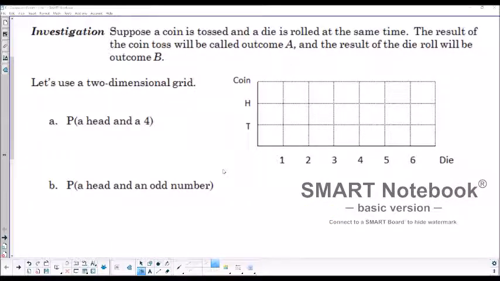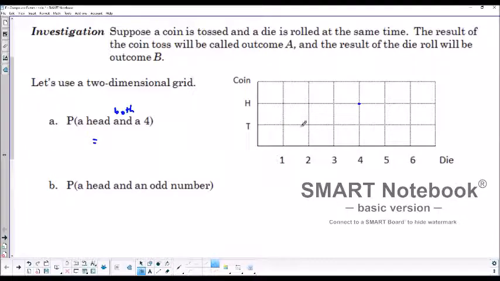Okay, so we're going to use a two-dimensional grid here, and we want to see the probability that a head is tossed and a roll of 4 from the die. Of course, "and" means both, so we have to be prepared for that. If it's a head and a 4, then we're looking at this intersection right here.